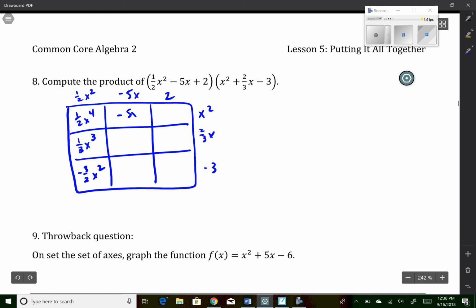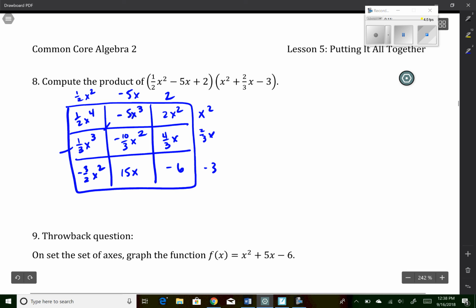Negative 5x cubed. That's going to become negative 10/3 x squared and 15x. 2x squared, 4/3 x, and negative 6.